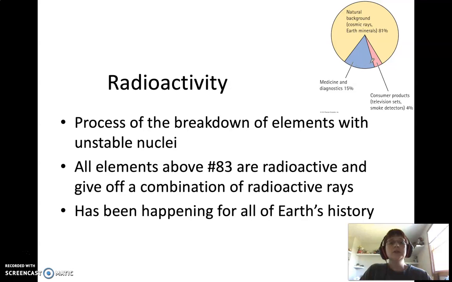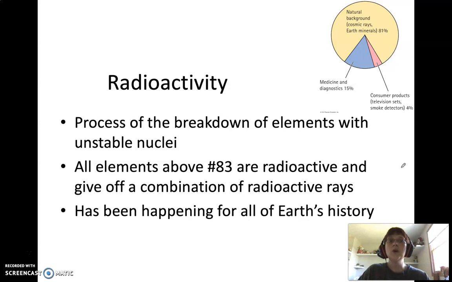Then some of our exposure is coming from our own medicine and diagnostic tests like x-rays. And then a very small fraction of our radioactive exposure is coming from consumer products. There are radioactive elements in things like smoke detectors, and different types of radiation come off of things like television sets.